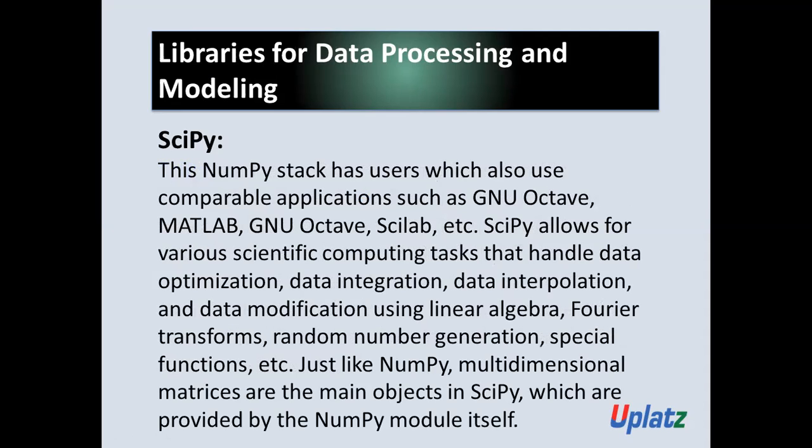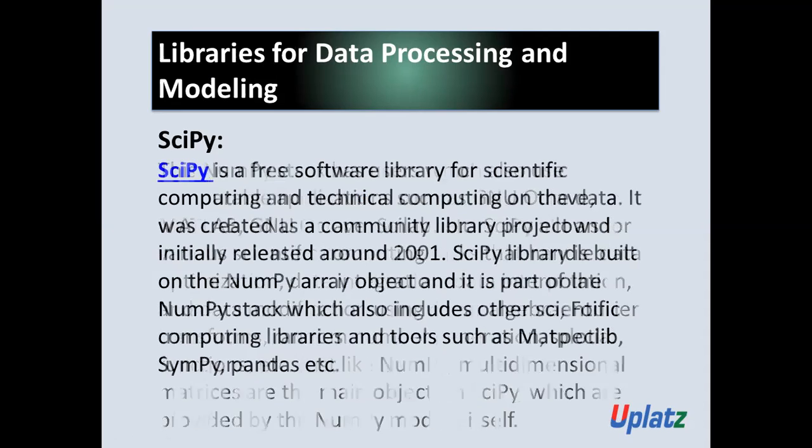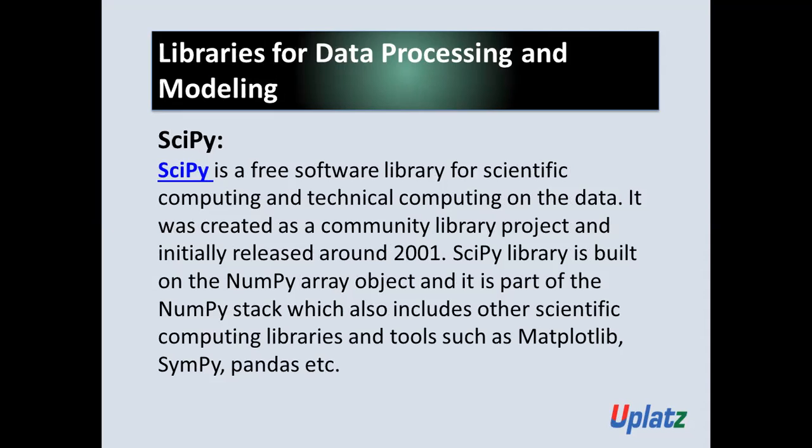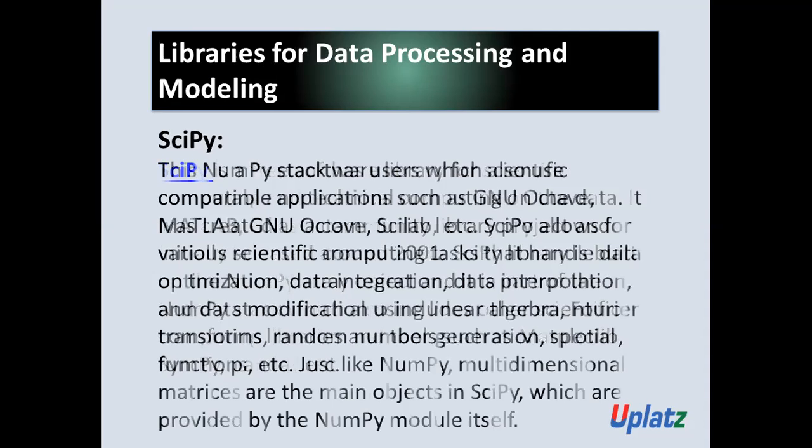As per the theory, the SciPy library is built on the NumPy array object and it is a part of the NumPy stack, which also includes other scientific computing libraries and tools such as Matplotlib, SymPy, Pandas.